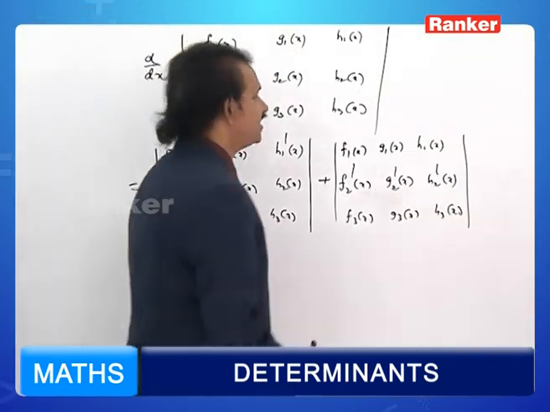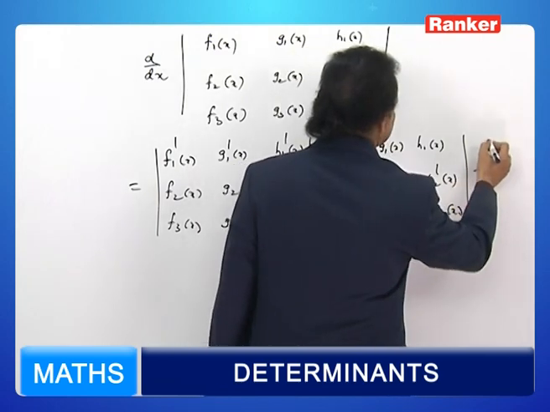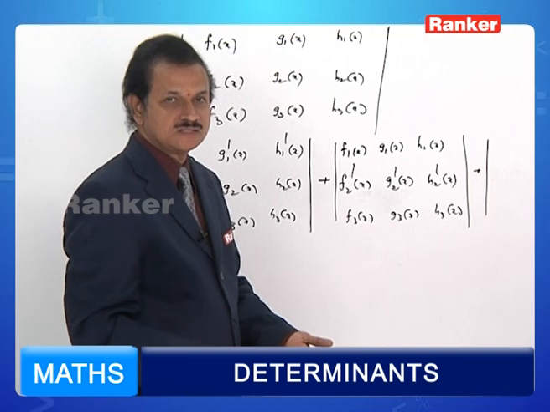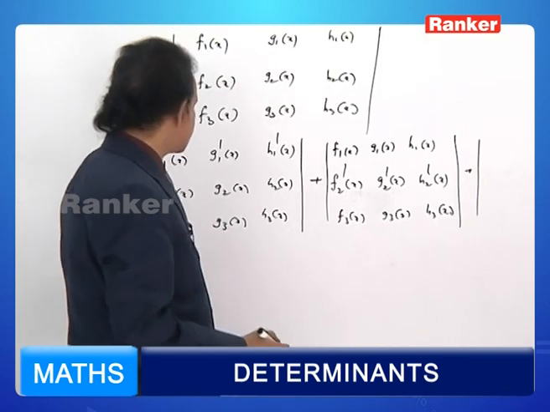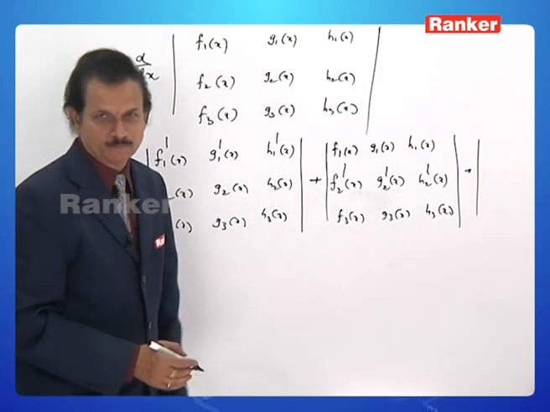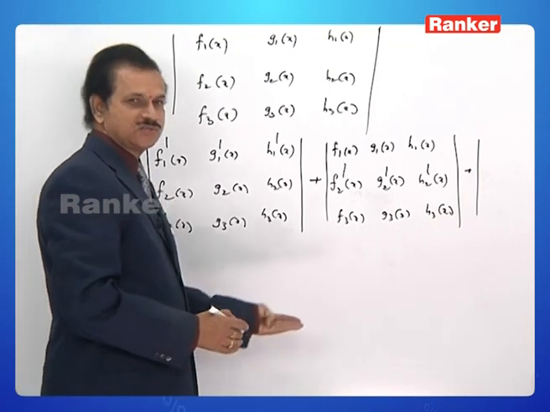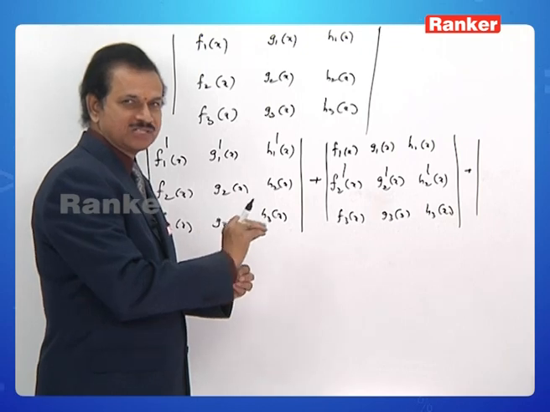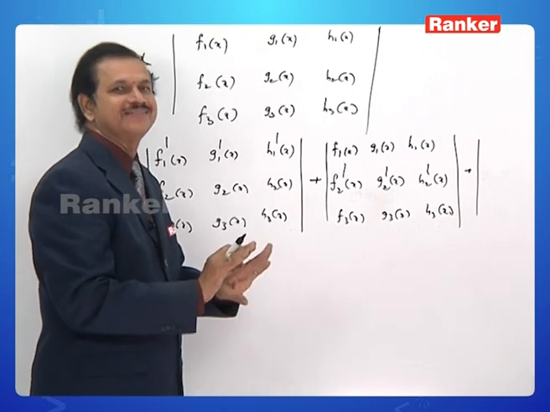And of course the third determinant is plus. Now our turn is to deal with the functions lying in the third row. While producing that third determinant, we just keep the elements of the first row and second row as they are.